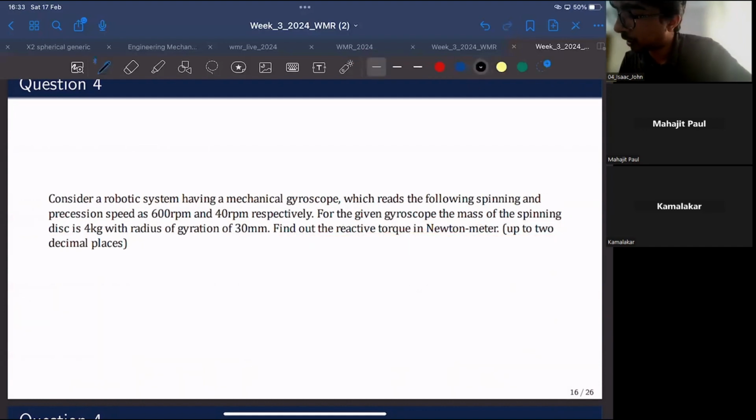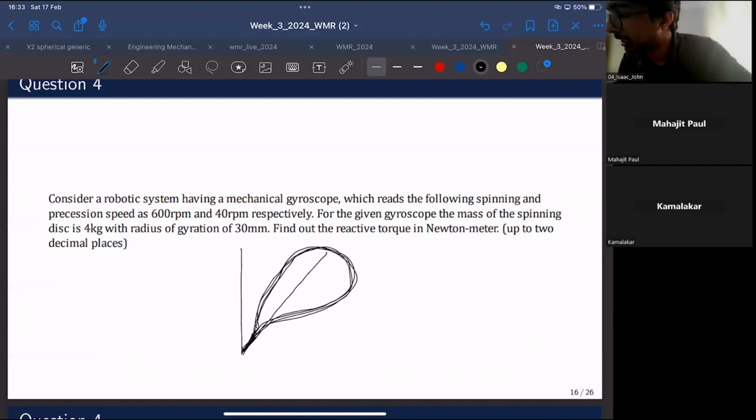So I suppose you know what this precessional motion is. If you know how a top spins, let me see if I can draw a top. This is a top, and this is the axis of the top. Once you deploy the top, it spins about its own axis, and it will also have an angular velocity about a vertical axis.